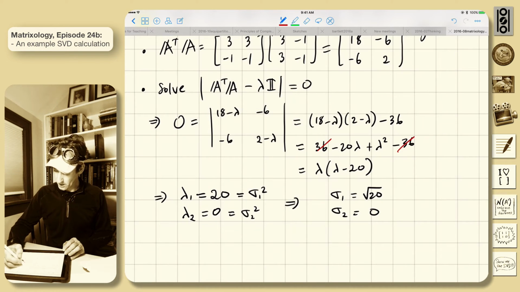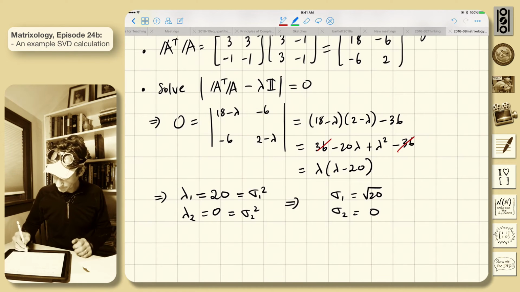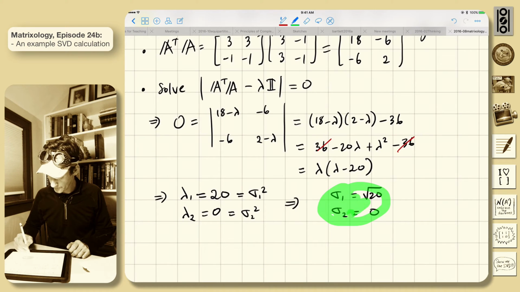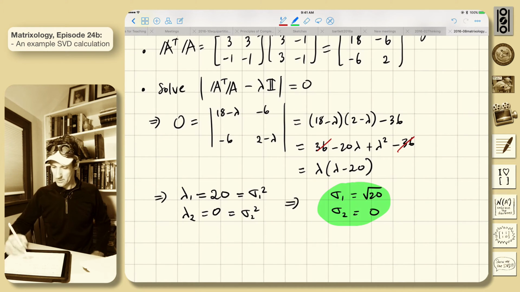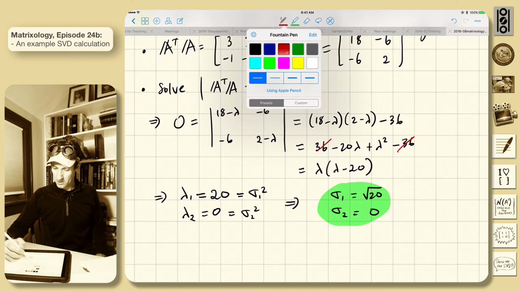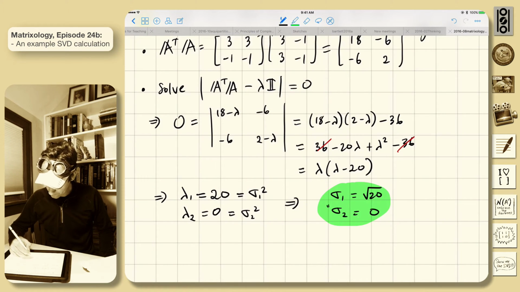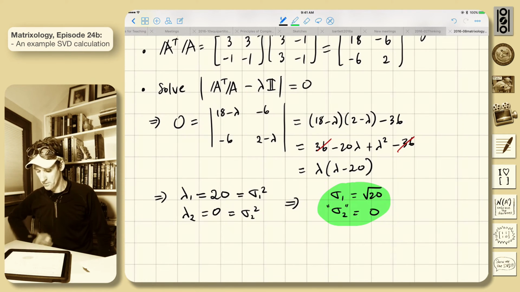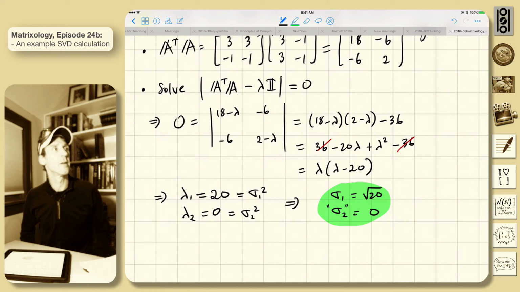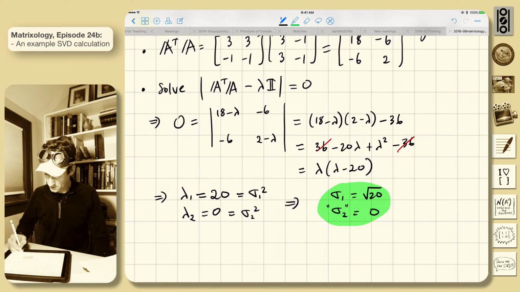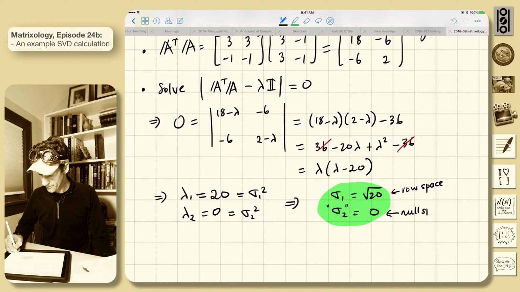The 0 is quite meaningful here. It's a very special thing. If you like, it's not really a singular value, but I'll just put it there. This corresponds to the null space problem, so this is row space and null space.